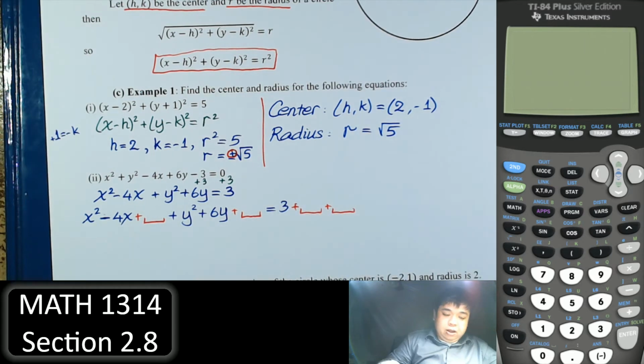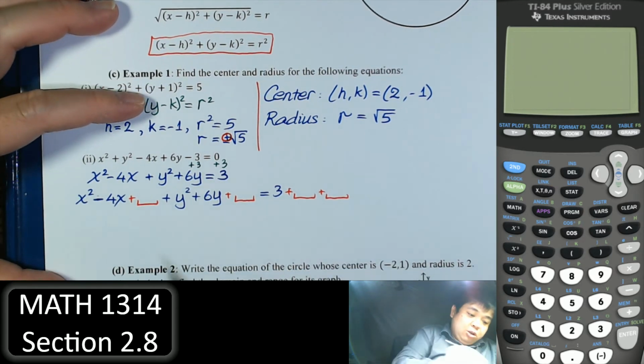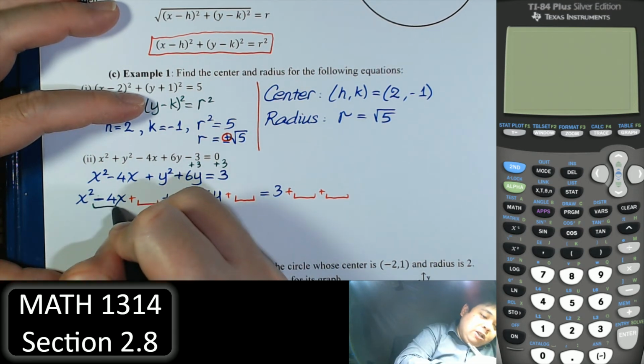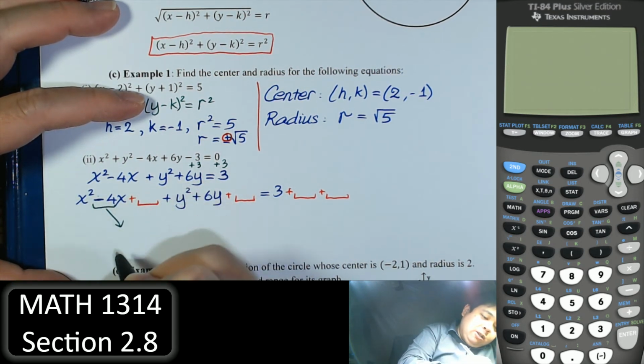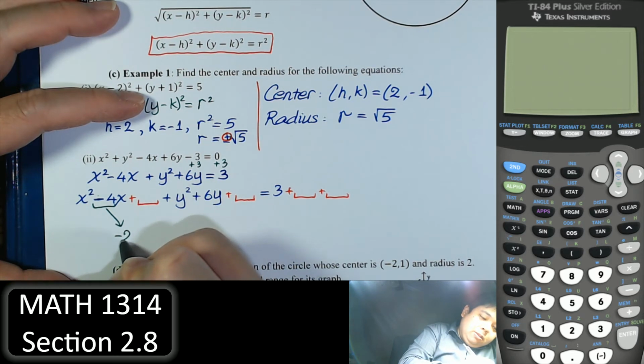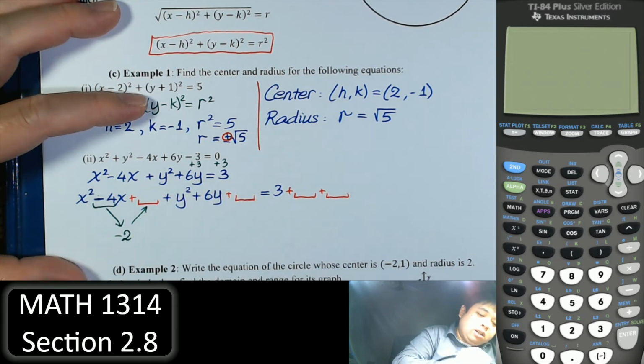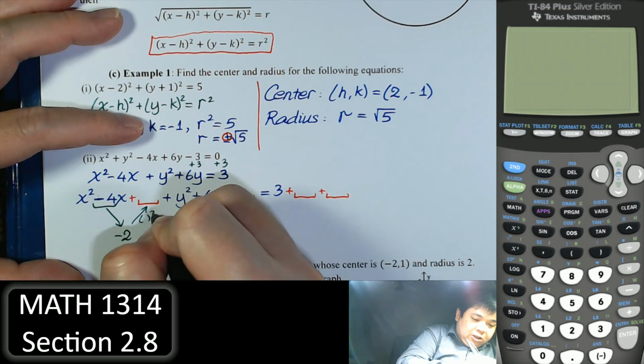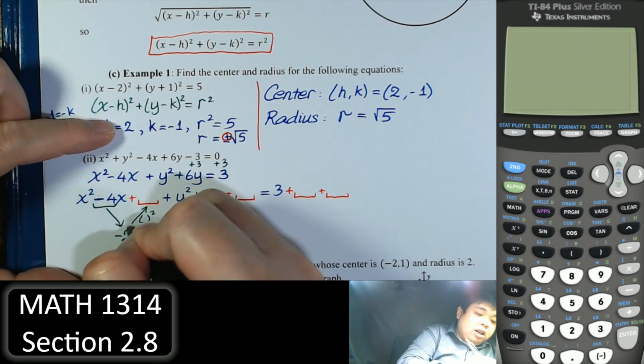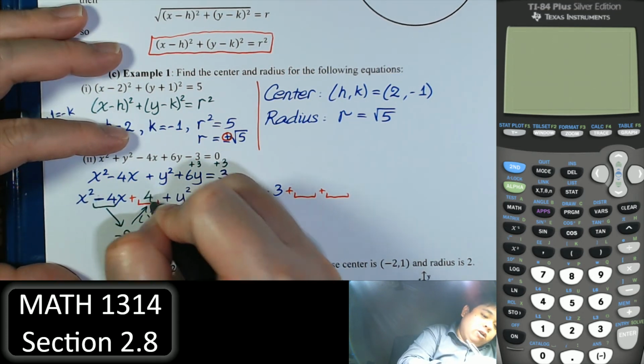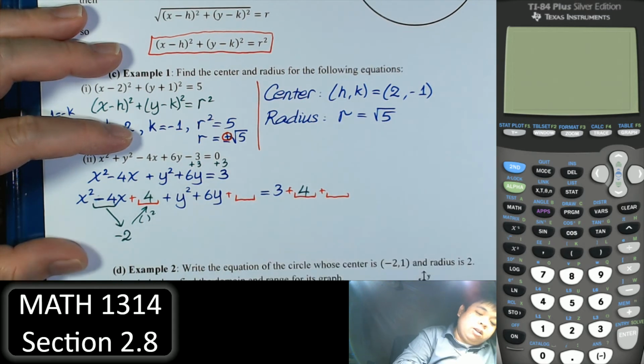Remember, completing the square, we take half of the middle number, and then we square half of that. Negative 2 squared is 4, so we're going to add 4 on both sides.